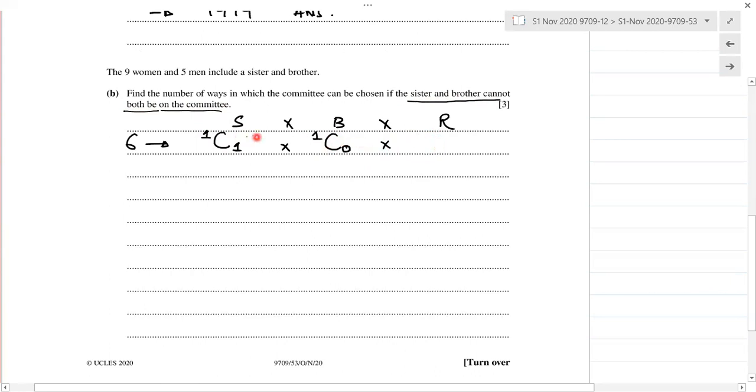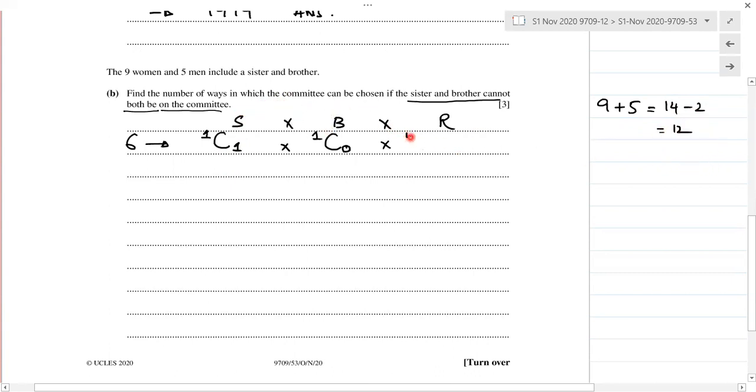So now there are 2 people done. We had 9 plus 5, 14 people altogether. Out of the 14, we have subtracted the 2, brother and sister, because we have considered both. So we have 12 remaining.